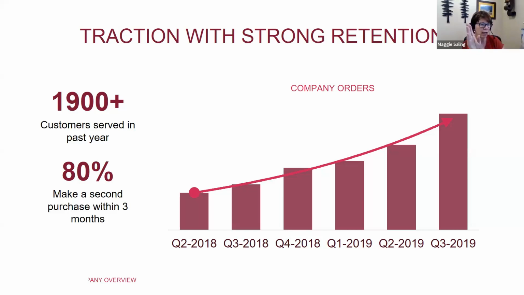It shows a nice trend. And it says that they have 1,900 customers that they served over the past year. So you're interested in the retention, though, of those customers. And they know that once they get a customer, that 80% of them are going to make another purchase within 3 months. And so this is a nice traction slide.